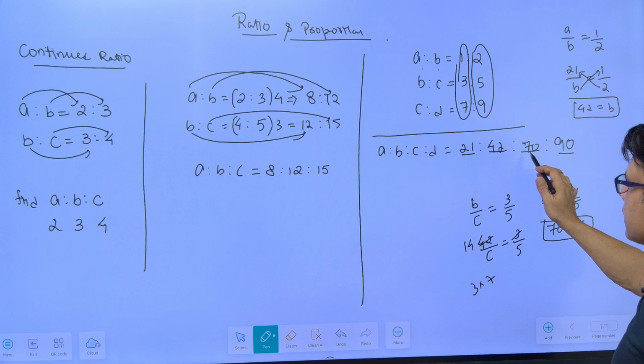So A and B are in the ratio 4:7 and their sum is given as 132. Find A and B. So in this question, what is given? Two numbers on ratio scale and their actual sum, right?